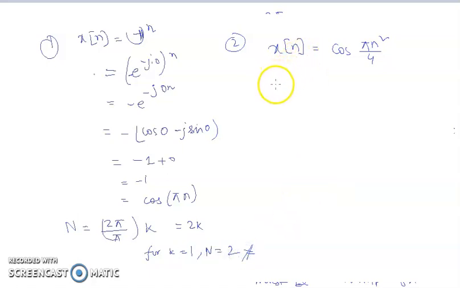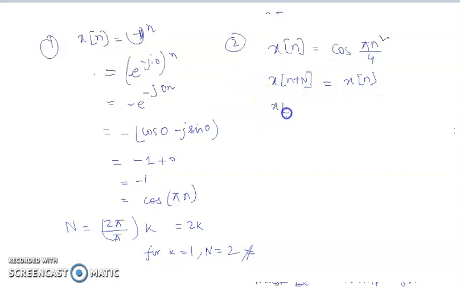So in this case, if we write x[n plus period N], we write x[n] here.